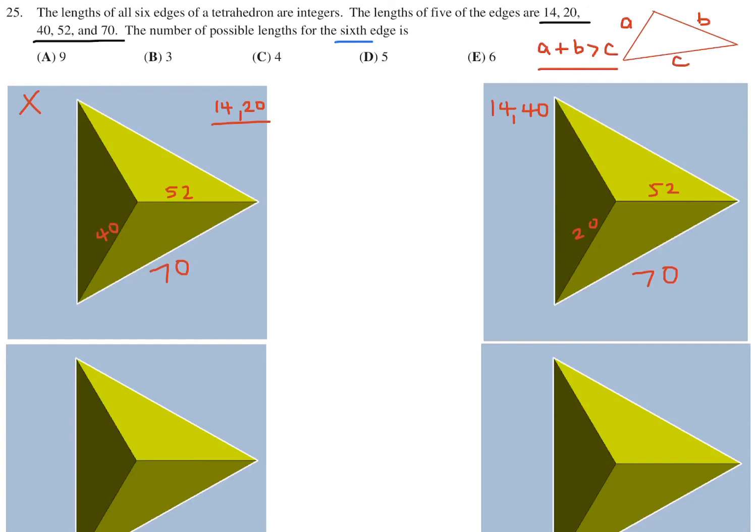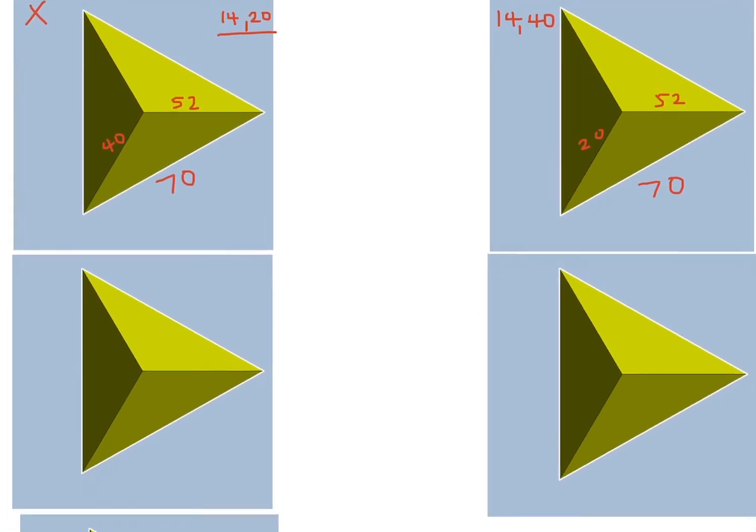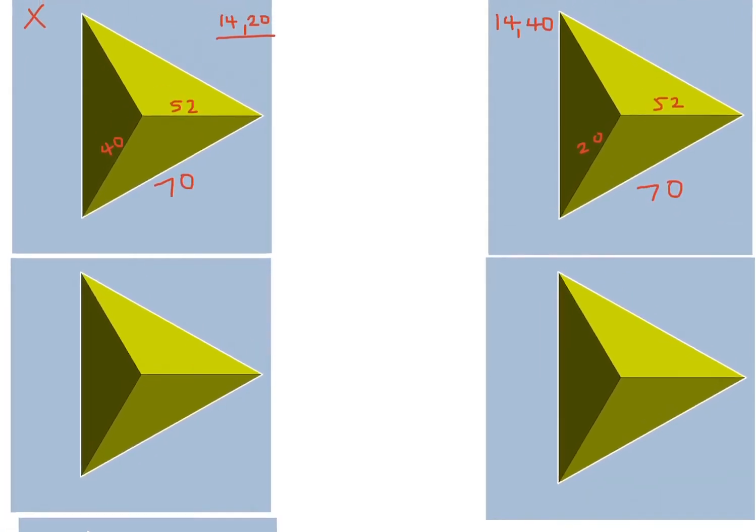Now, we have to figure out how to place those. So let's use another set, fresh right here, 70, 20, and 52. And we've got to place 14 and 40. All right, I'll place 14 here and 40 here, where 40 is that length and 14 is that length.